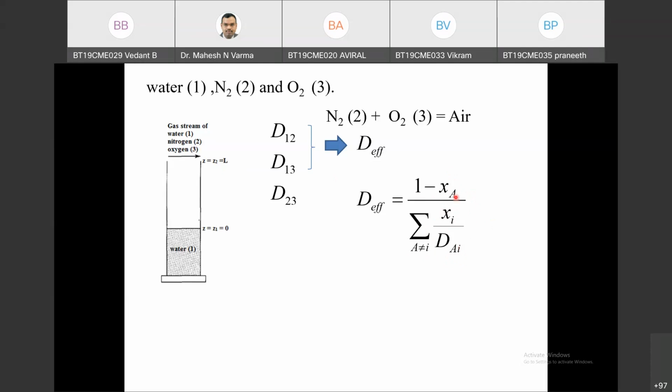Here A is water and i is nitrogen and oxygen, so the summation runs over all i not equal to A, using the remaining Xi and diffusivities, D12 and D13. That gives you the effective diffusivity.